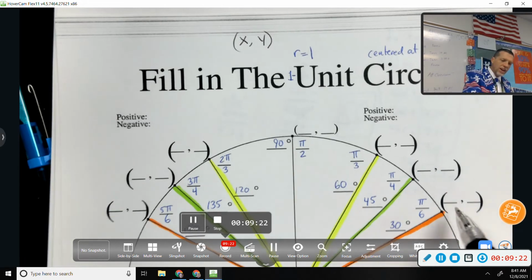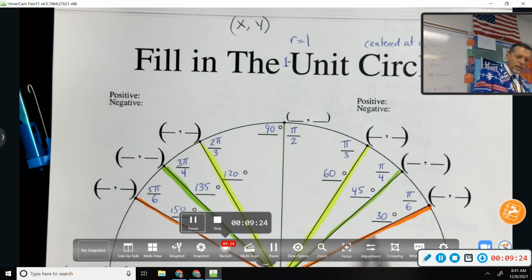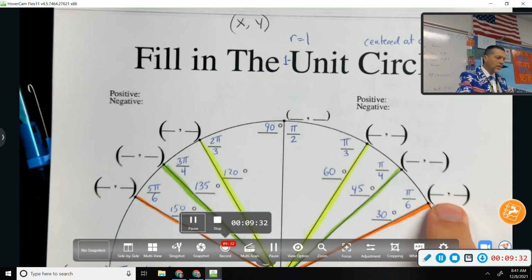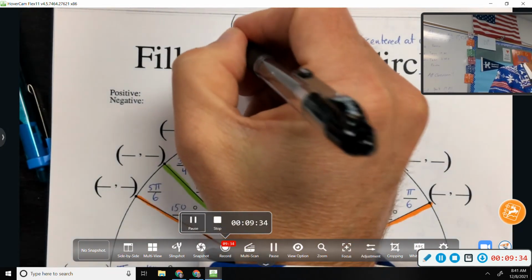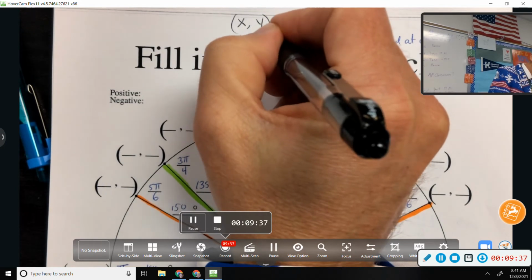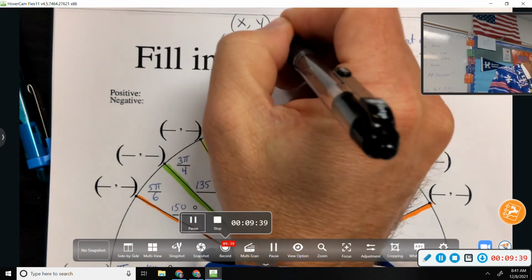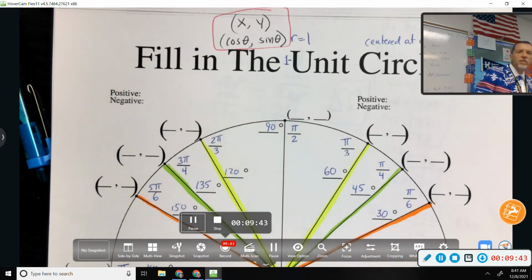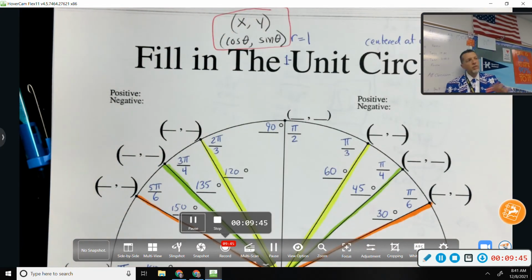But the x comma y, like this is a point at the end of this pi over 6 marker here. That's a point, x comma y. But this is the big deal about the unit circle. That point is also cosine of the angle, comma sine of the angle. And that's the big deal with the unit circle, is this connection between the xy point and cosine, comma sine.